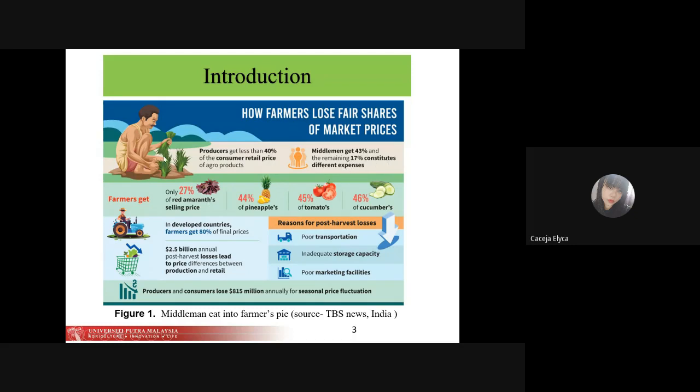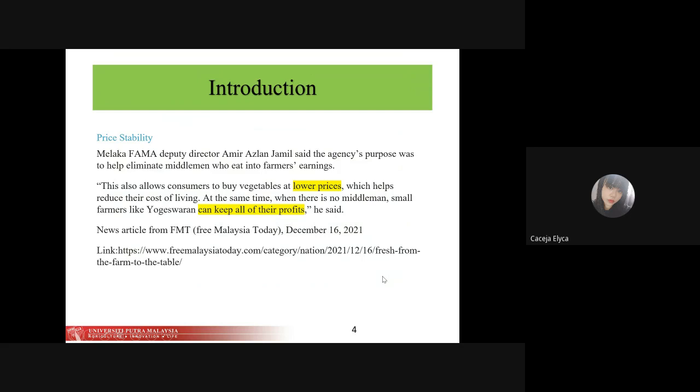So the middleman gets more than the farmer, and the reason for the loss in the harvest is because farmers sometimes have poor transportation, inadequate storage capacity, and most important, poor marketing facilities. Here we can see news from Free Malaysia Today on December 16, 2021.